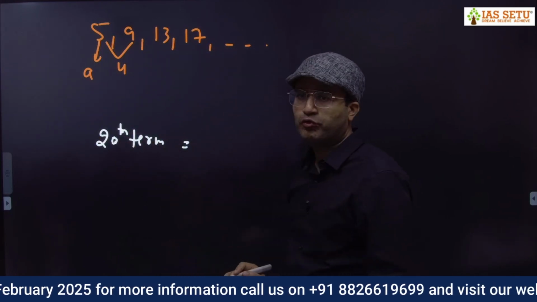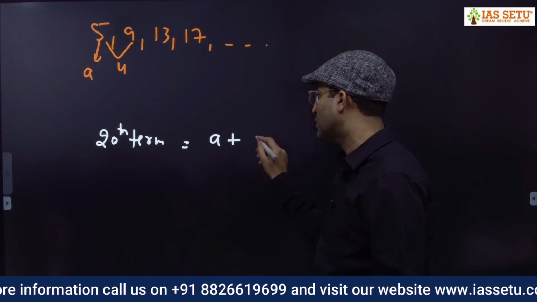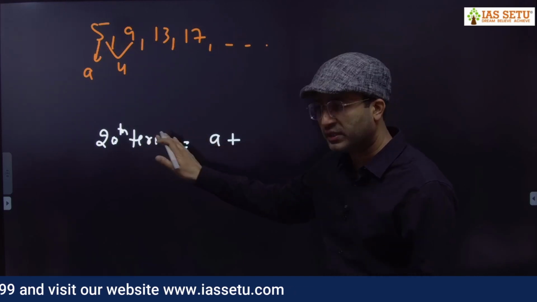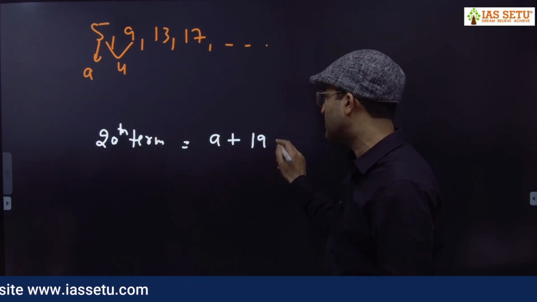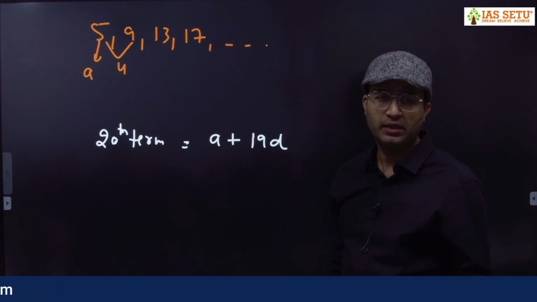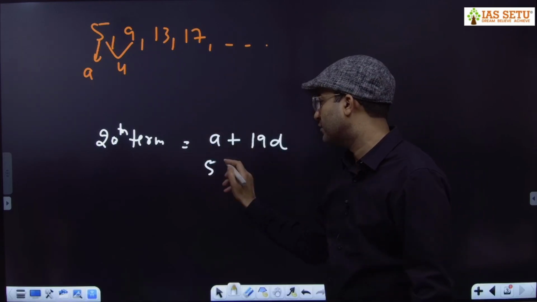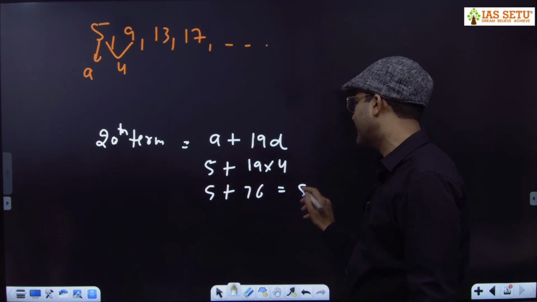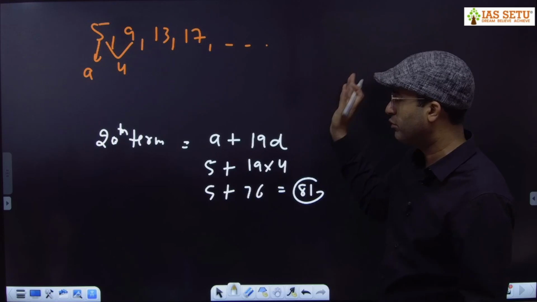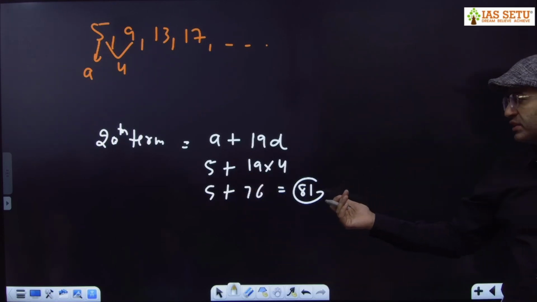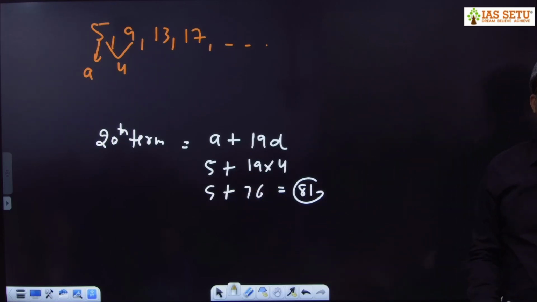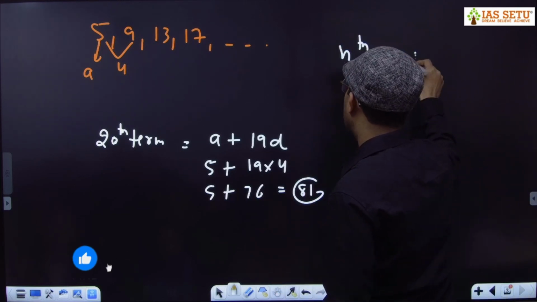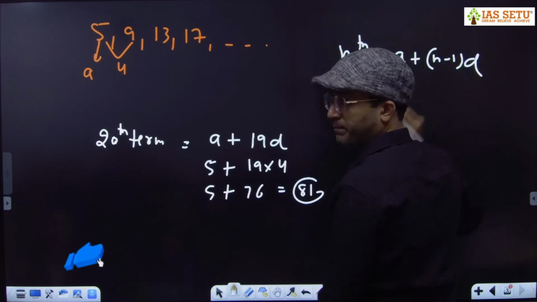Our formula gives A plus 20 minus 1 D, meaning 19D. Here A is 5 and D is 4, so it is 5 plus 76, which is 81. No need to check manually. The 20th term in this sequence is 81.